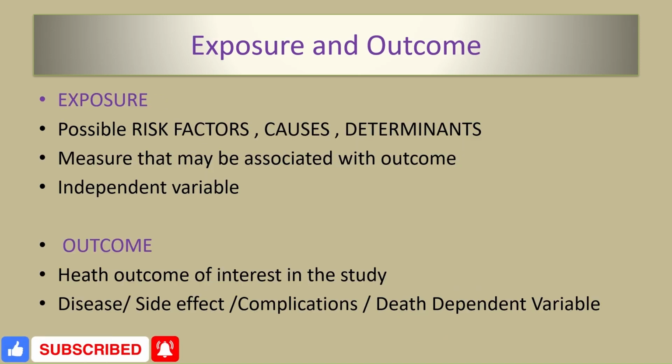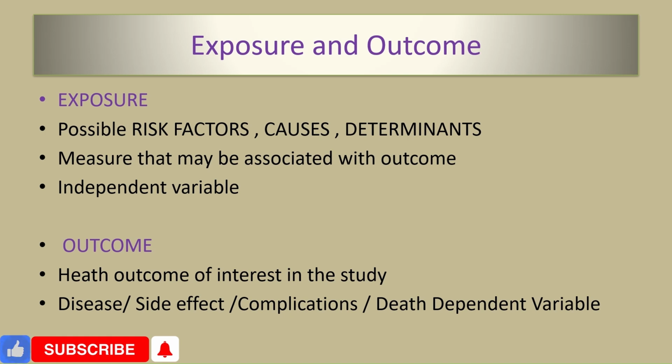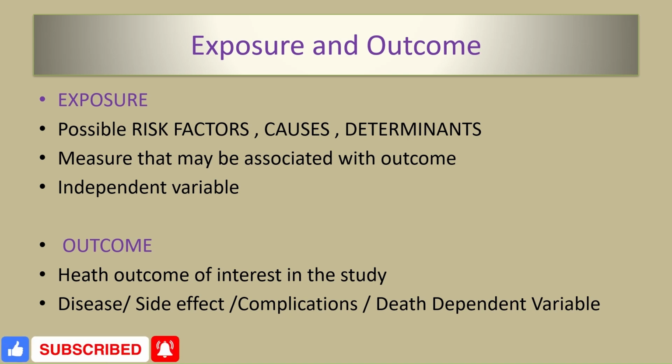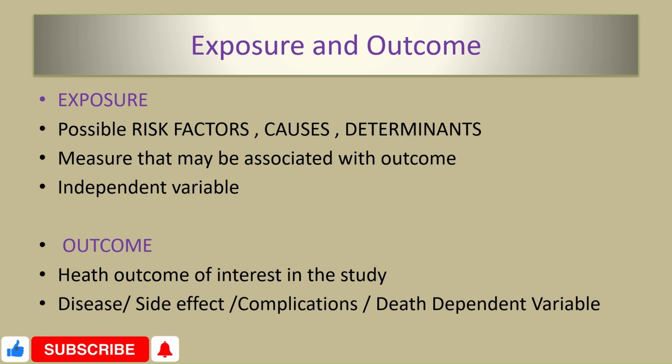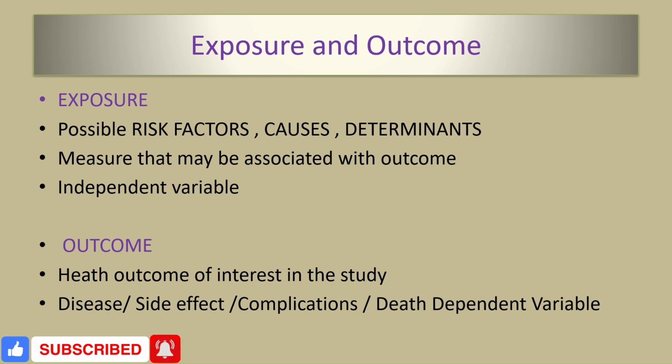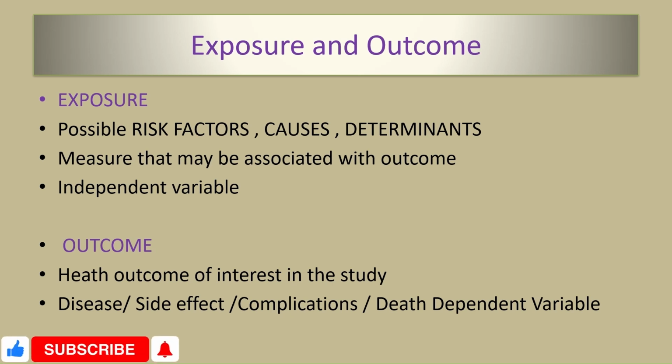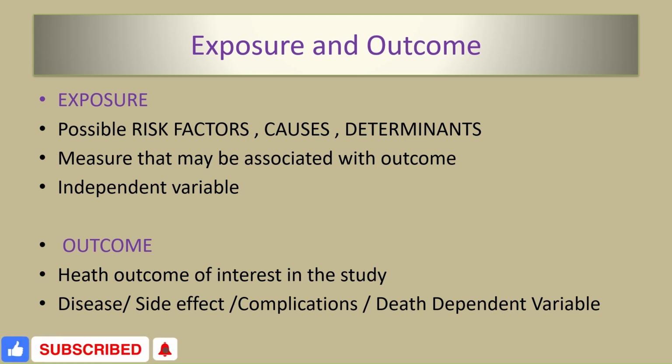Exposure and outcome. Exposure: possible risk factors, causes or determinants, measures that may be associated with outcome; independent variable. Outcome: health outcome of interest in the study, disease, side effects, complication; dependent variable.